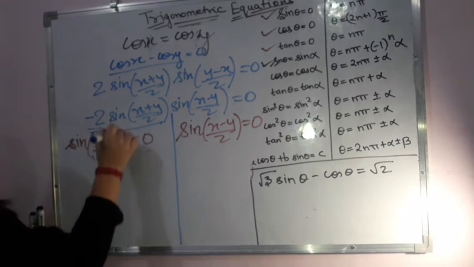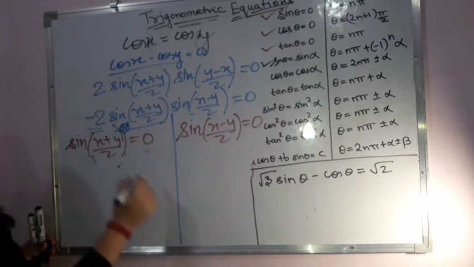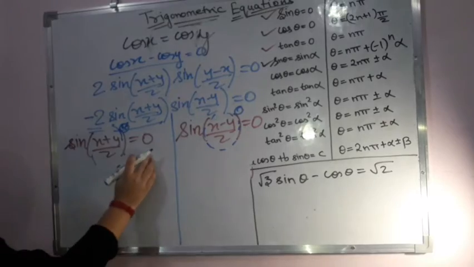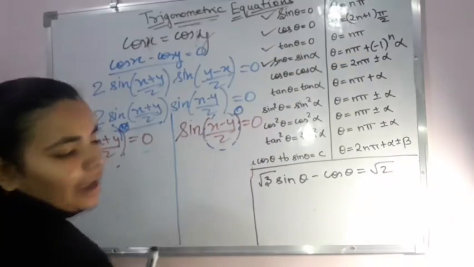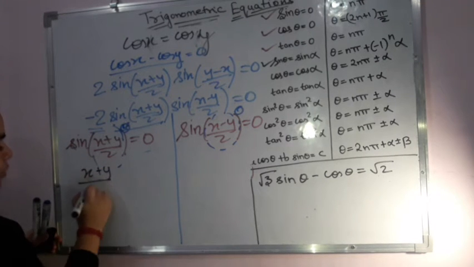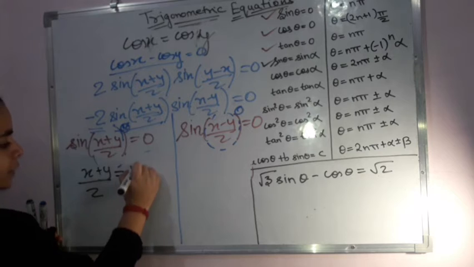If this entire value is theta, then I know sine theta is equal to 0, which means theta is equal to n pi. In place of theta, the entire value is (x plus y) by 2. This is equal to n pi.